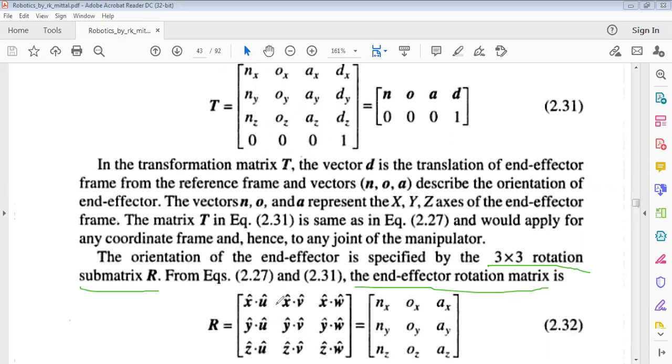This is the rotation matrix for any two coordinate frames, equivalent to the rotation matrix of the end effector. The elements in this rotation matrix are scalar products of two unit vectors. So nx is equivalent to x bar dot u bar. Ox is equivalent to x bar dot v bar. Similarly for all the elements.